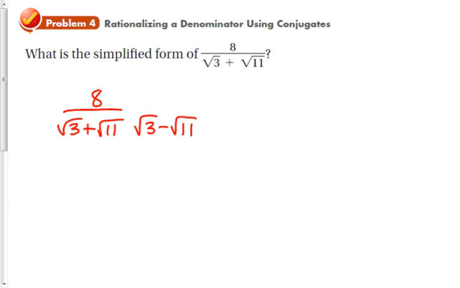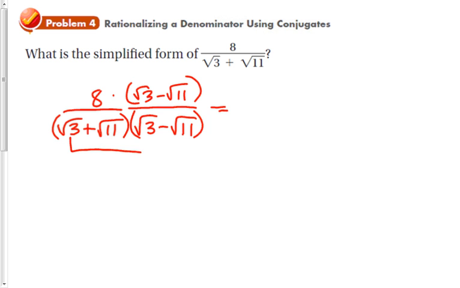And check out what happens when we multiply by this. I also have to multiply the numerator by that, square root of 3 minus square root of 11. All right. Now, using FOIL, this equals the square root of 9, which is 3.